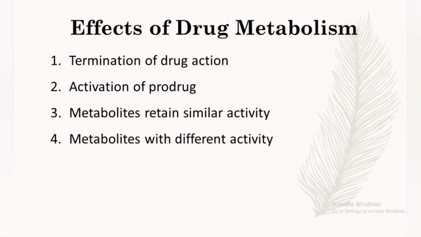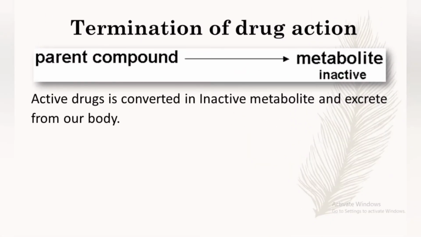Now we are going to discuss the effects of drug metabolism. First is termination of drug action. Whenever we take a parent compound or drug which is in active form, it is converted into inactive form by several enzymes present in our body, and it leads to excretion of such metabolites from our body.